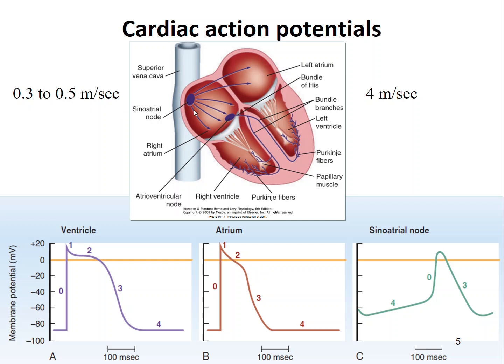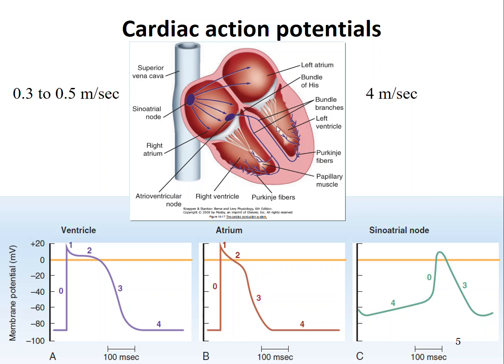The velocity of the signal through the different parts of the heart is not the same. The signal conduction through the nodes, especially the atrioventricular node and the AV bundle, is 0.03 to 0.05 meter per second, through the cardiac muscles it is 0.5 meter per second, and the velocity through the high-velocity bundle, which we call the His-Purkinje system, especially the Purkinje fibers, is up to 4 meters per second.